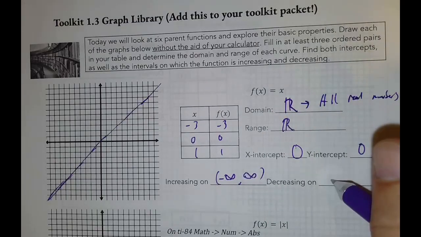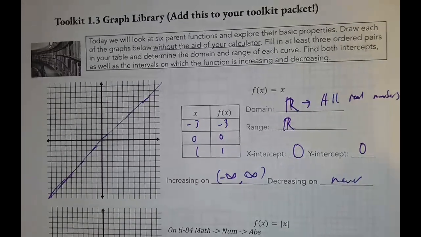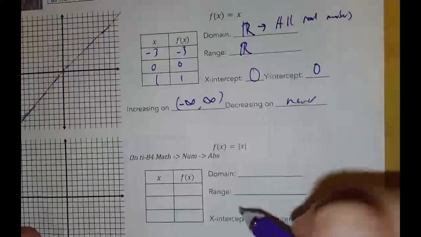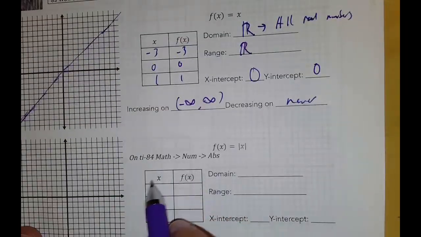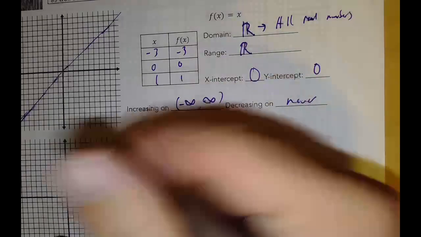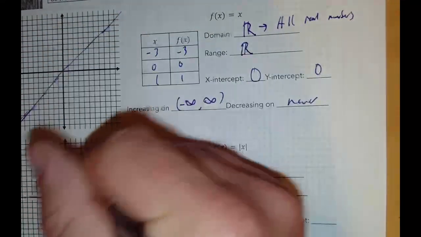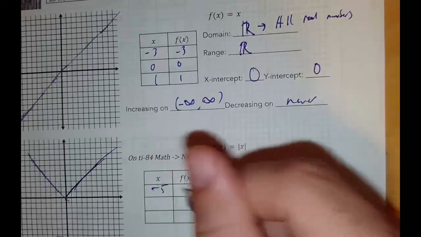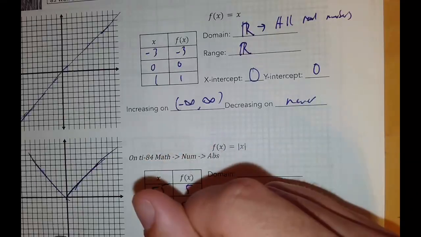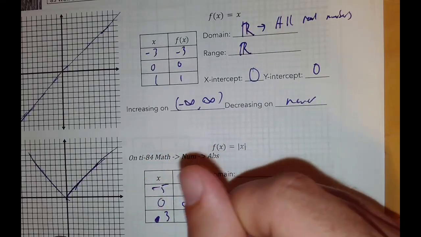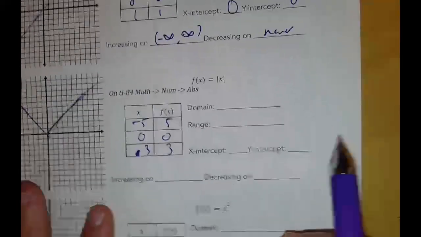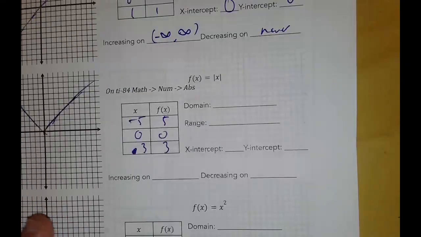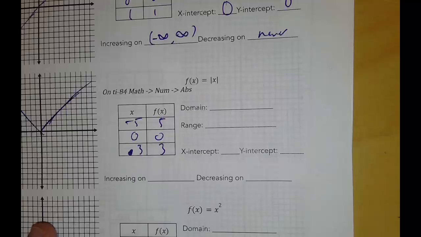It's never decreasing. Here we have the absolute value. This is how to do it in your calculator: math, num, abs will get you to this function. We're going to see a sort of V form here, and you might have -5 and 5, 0 and 0, and 3 and 3, whatever you want here. This is optional.